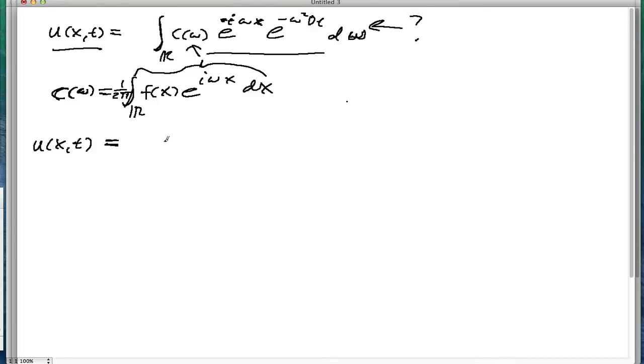Okay. All right, so what we're going to do is actually put this together. It's going to be an integral from negative infinity to infinity. I'll just put these symbols out there. And now wherever I see a c(omega), I'm going to actually put this in its place. And just so I don't confuse myself here, because we have an x in the problem already, I don't want to use x as my variable of integration, so I'm going to use c, just as a notational convenience.